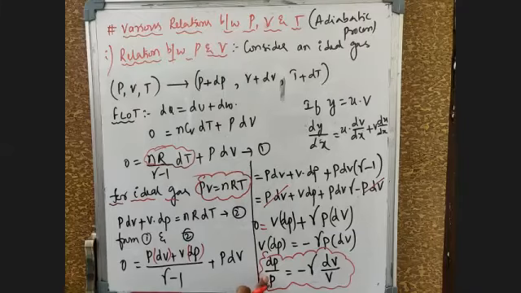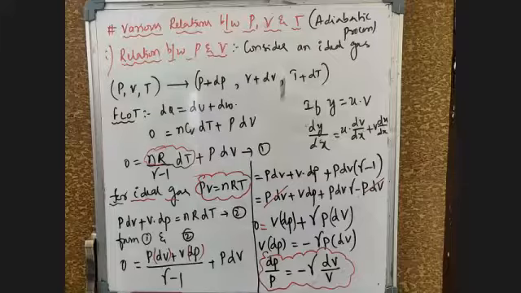So it is V dP plus gamma into P dV equal to 0. Simplifying, I get dP by P is equal to minus gamma into dV by V. Is it clear?